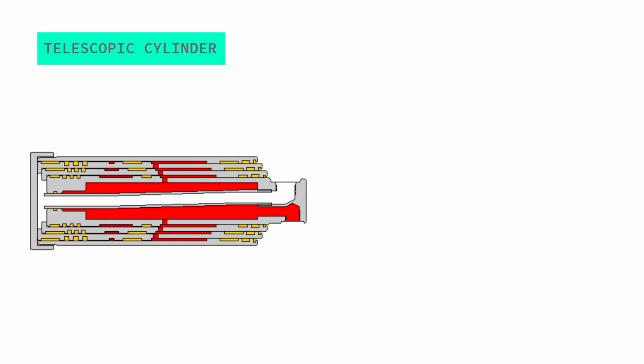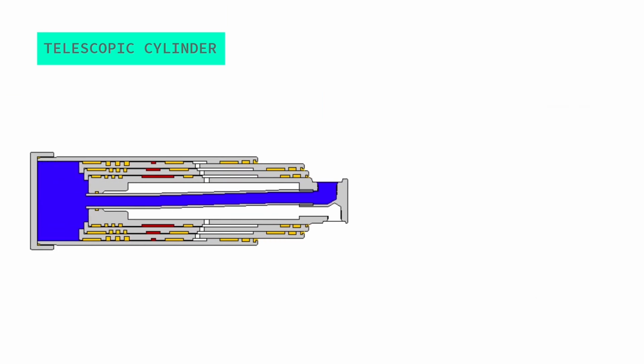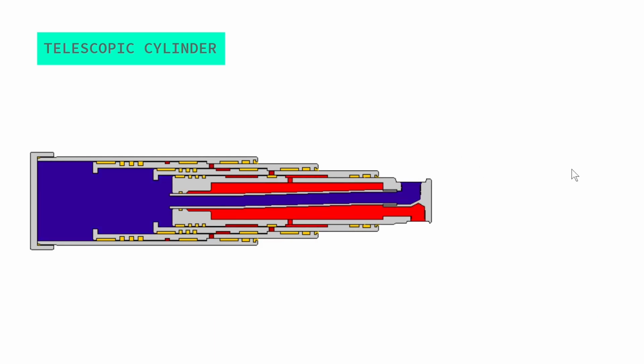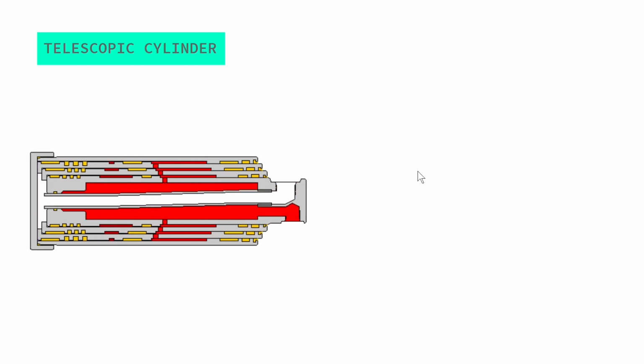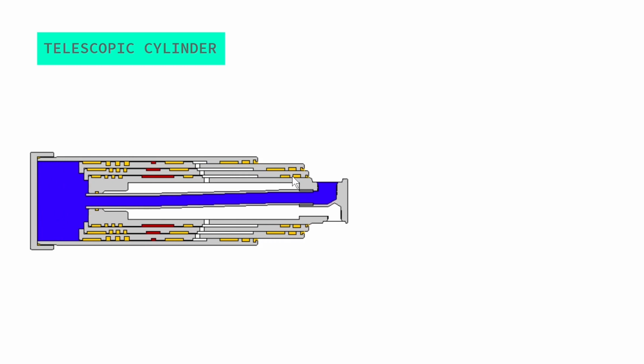Now the telescoping or telescopic cylinder. This cylinder is mainly used when we need a long stroke. But if we make it a long stroke, then it becomes thin, right?